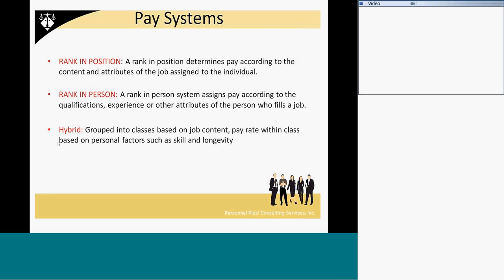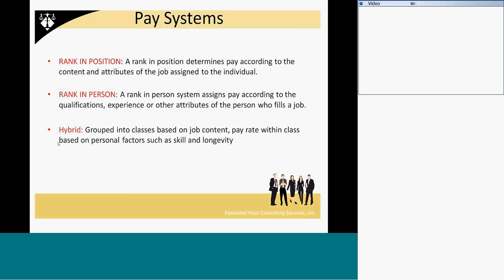You have a rank and position system, and you have two people employed as janitors. They both get paid the same, regardless of the fact that one has an 8th grade education and the other has a PhD. If you have a rank and person system, you pay people based on personal attributes.